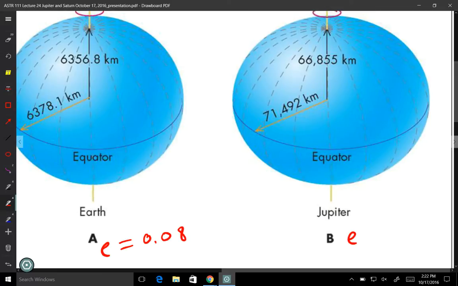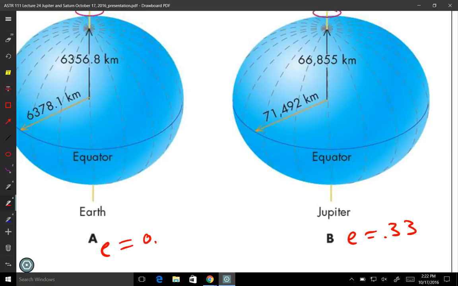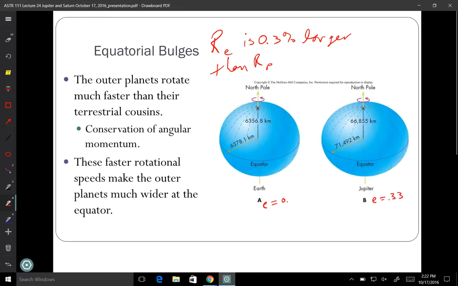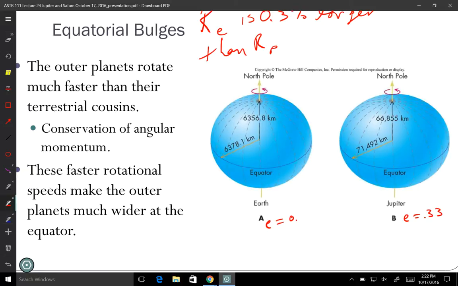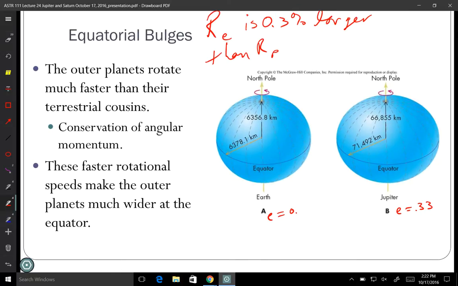And the eccentricity for Jupiter, no, that's not right. I don't remember it. Crud. 0.33, though, roughly for Jupiter. 0 point something small for Earth. Maybe it was 0.08. I was going to put them on here, but Google Drive let me down, and it wasn't working for me. I couldn't get it on here in time. So that's a first difference.